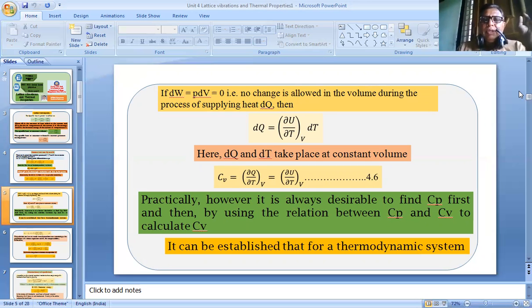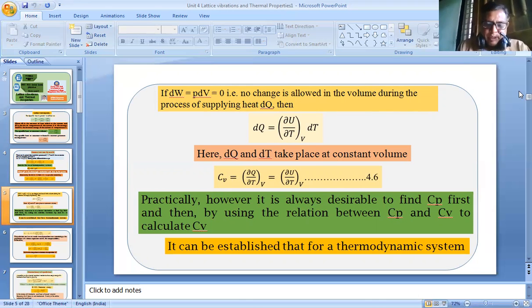Practically, however, it is always desirable to find the specific heat at constant pressure first, and then by using the relation between Cp and Cv to calculate Cv.